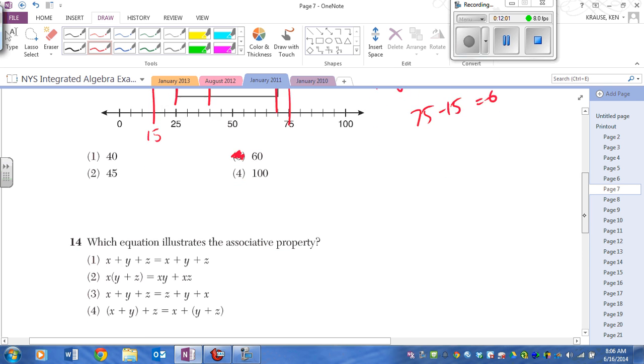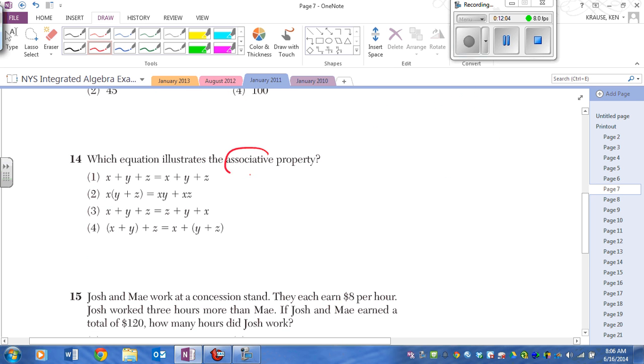Alright, almost done. Associative property. The associative property is the changing of the parentheses. Not getting rid of them, but changing who's in them. So let me go through what each of these are. This one has x plus y plus z equals x plus y plus z. I guess that would really be the distributive property here.